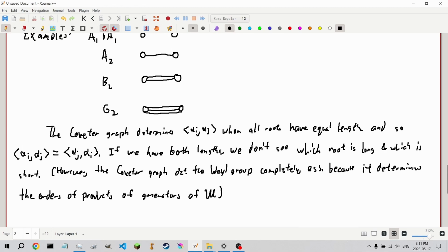Now, we only have this ambiguity if we have double or triple edges.